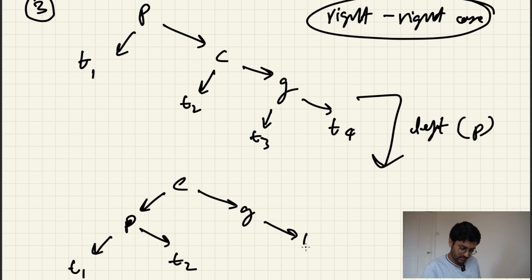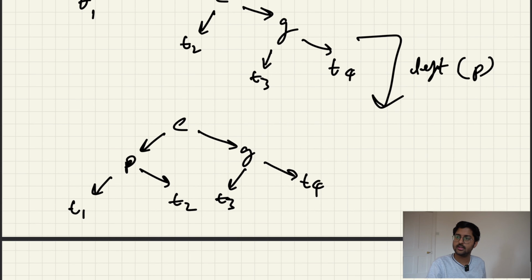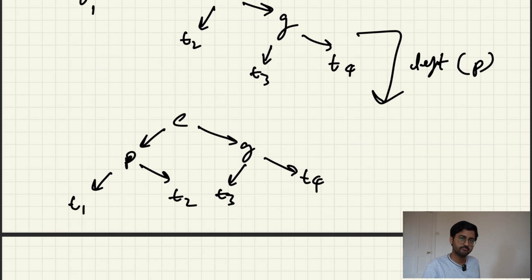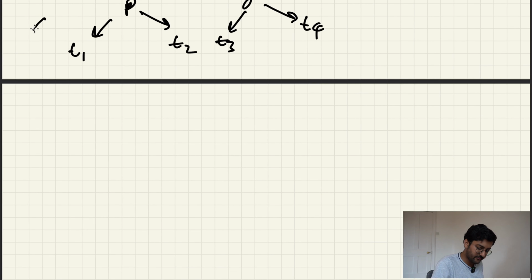G will be here, T4 will be here, T3 will be here. That's it. Balanced. Now you'll be like, Kunal, how do you know that the individual trees T1, T2, T3, T4 are balanced? Because we are starting from bottom up. Okay, that's why. Right case done. One more case left.